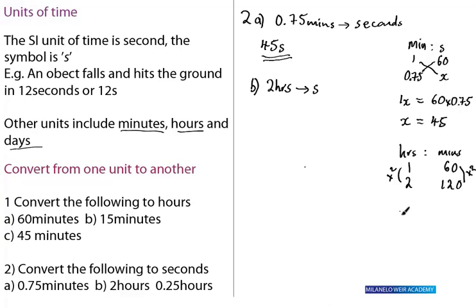So now minutes to seconds. We have 1 minute is 60. Now how about 120? 120 is x. If we cross multiply, 1x is equal to 120 times 60.